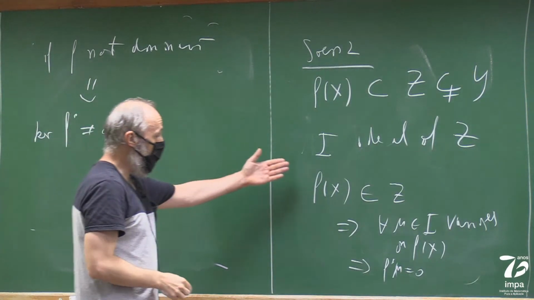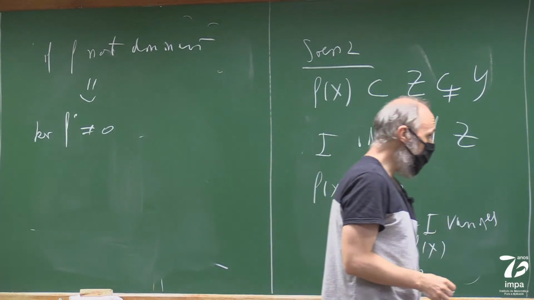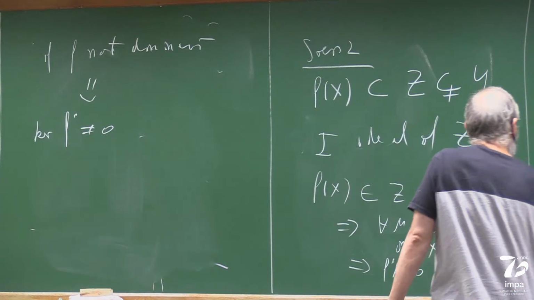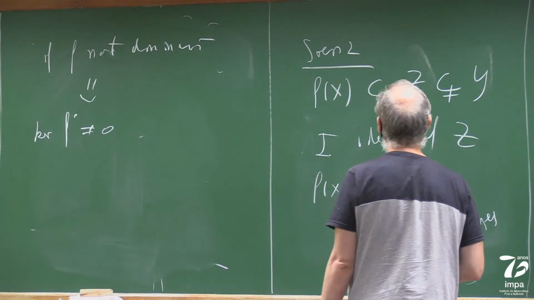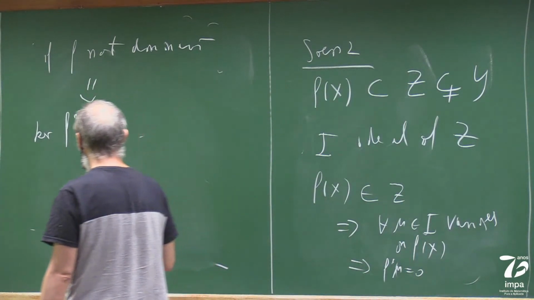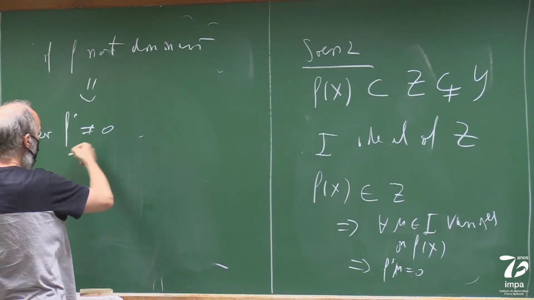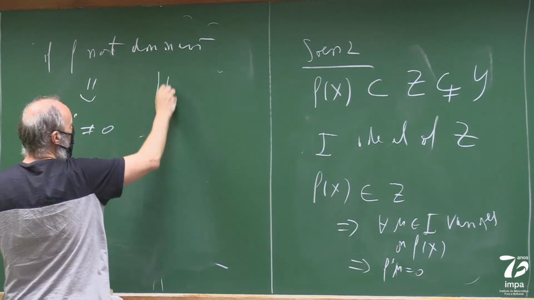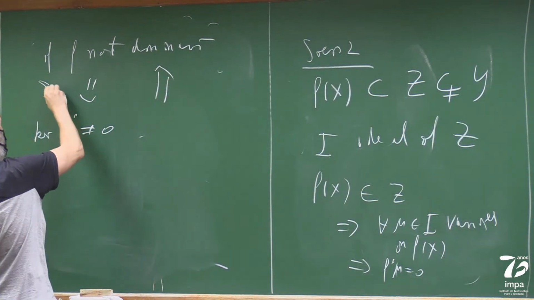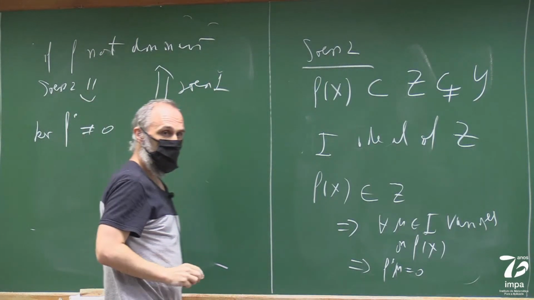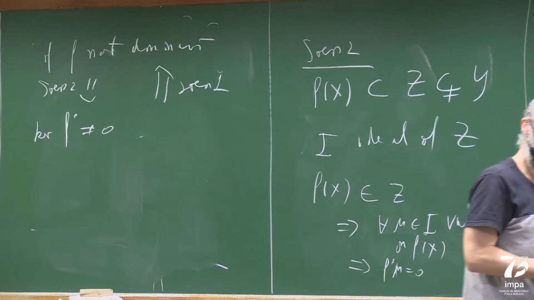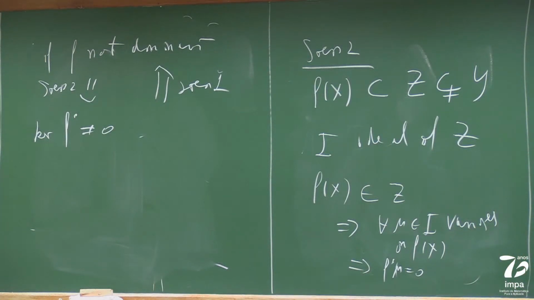This is step 2. And step 1 says conversely that if the kernel is non-zero, then f is non-dominant. So this is step 2, this is step 1. Was I clear? Completely?